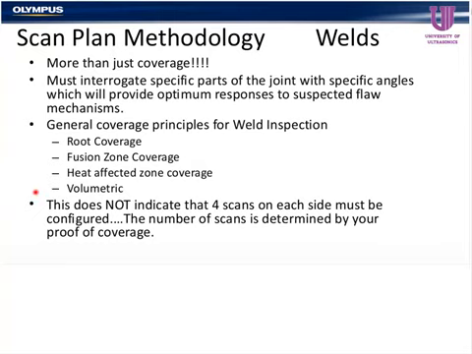If you can cover these four areas from one position with one set of beams, then one scan is all you need. As you see at the bottom here, we have four areas of coverage, but that doesn't necessarily mean you're going to have four separate scans of the part. All this means is we have four specific areas that we want to look at. So let's take these four areas and look at them in particular.